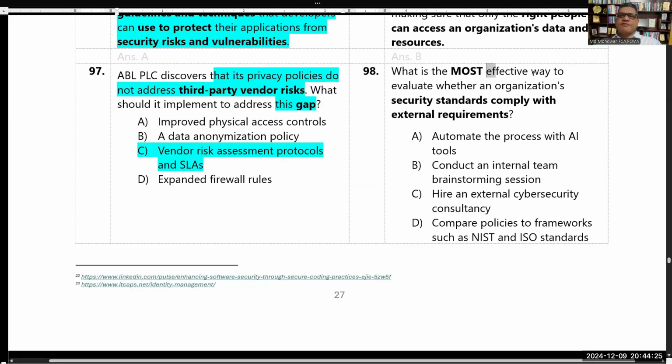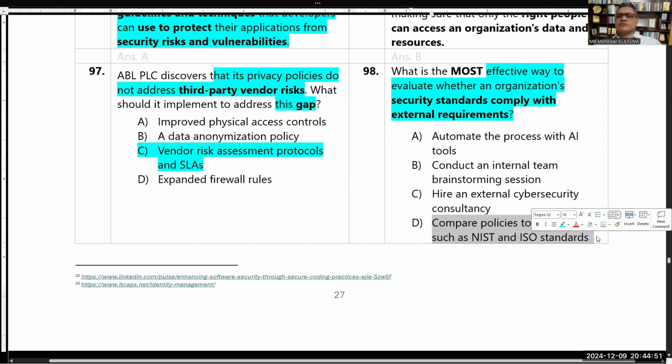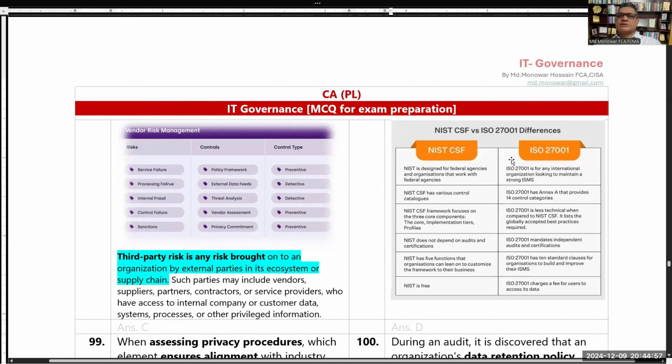What is the most effective way to evaluate whether an organization's security standards comply with external requirements? The most effective way is to compare policies to frameworks such as NIST and ISO standards. So here is the difference between NIST and ISO.